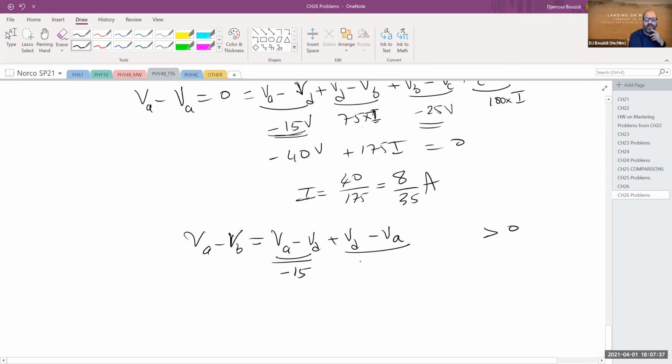Oh man, 8 divided by 35, that is the current, times 75 ohms. So I have to add these two numbers and see, is this positive or negative? If it's 0, that means they are the same potential. There is no high, no low. You put a rocket, basically it's not going to move anywhere. You're on the same floor, same level.